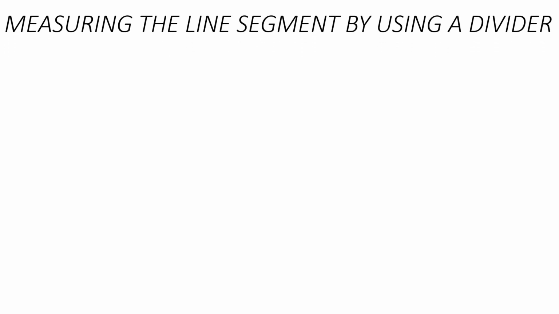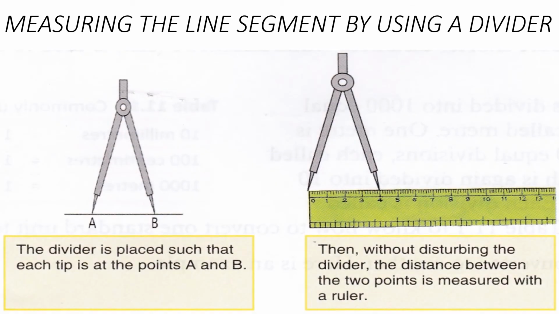It is the way you have to measure the line segment by using a ruler. Measuring the line segment by using a divider. Now I am going to measure the line segment by using a divider. Here I have drawn one line segment, A and B. The divider should be placed with its tips on both endpoints of the line segment.